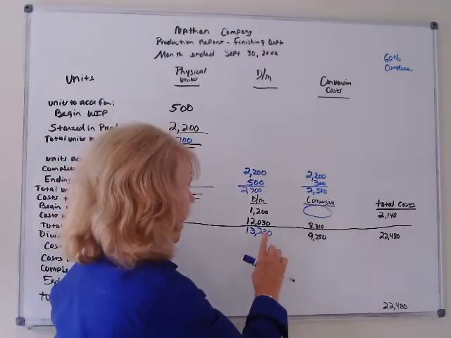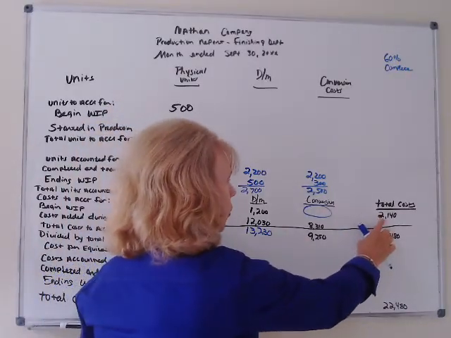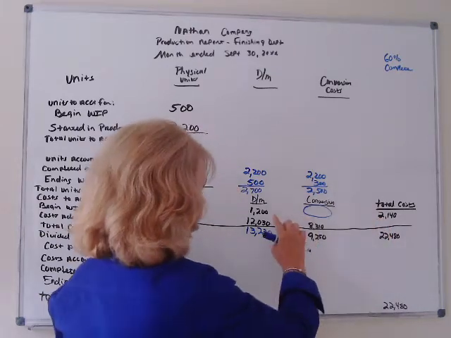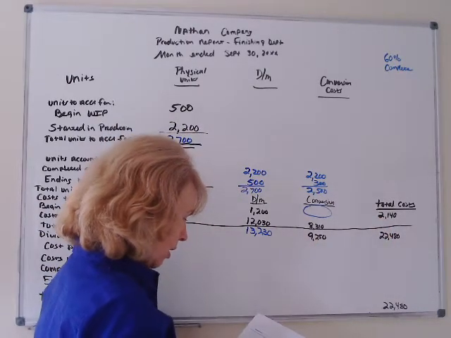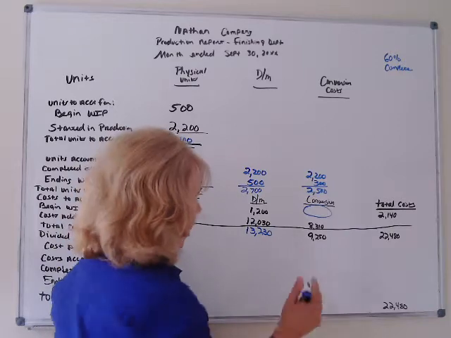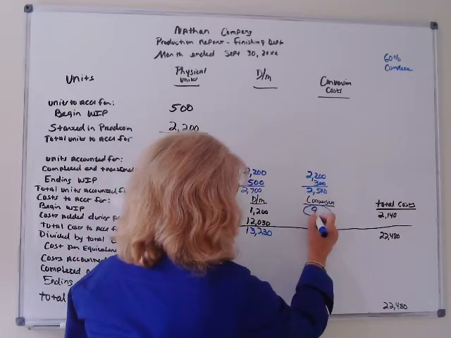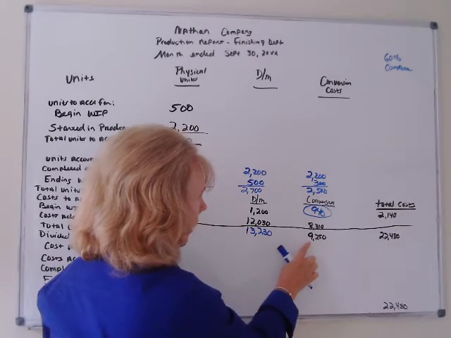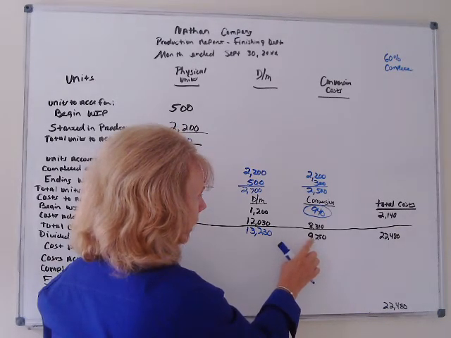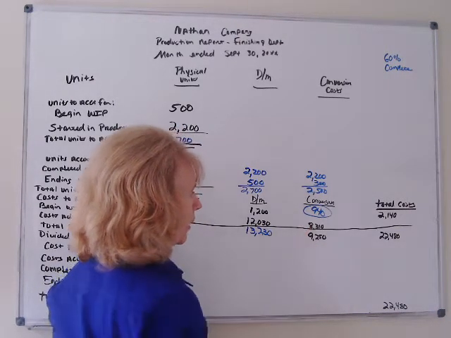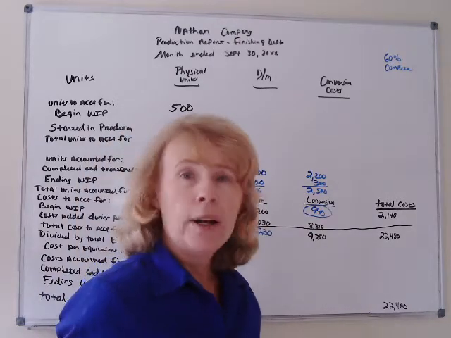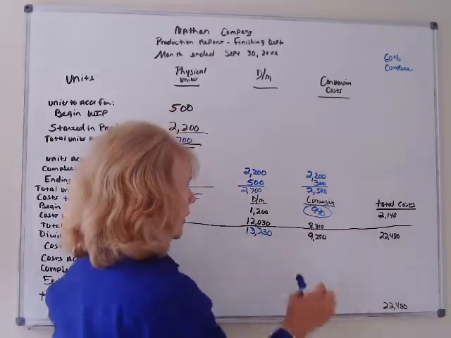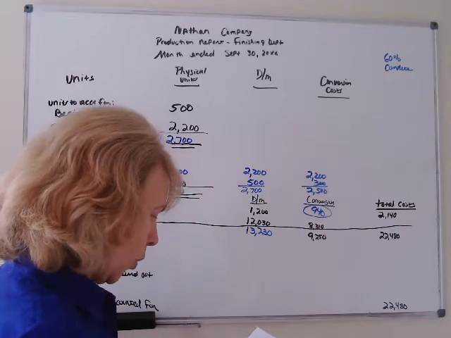They gave us the total, so we could take 2,140 and subtract the 1,200, and that gives us 940. Or they gave us the total here, so we could just take the 9,250 and subtract the 8,310. Whatever you want to do, but the answer for conversion cost is 940.